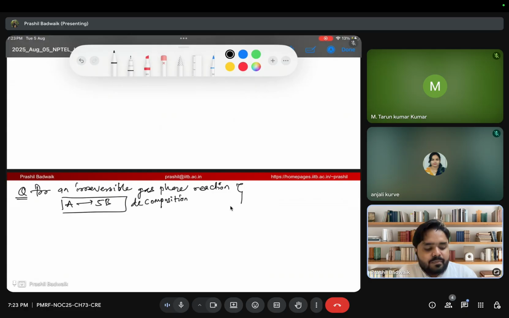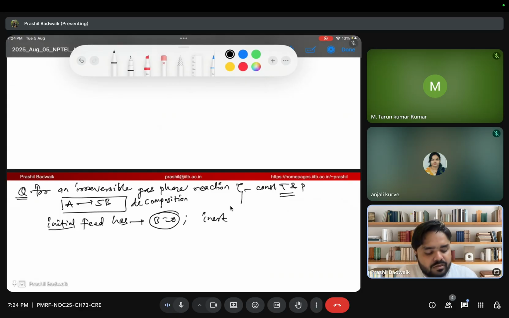This reaction is happening at constant temperature and pressure, and the amount of B is 0 at the start. Initially, the feed has B equal to 0, that means no product is present.